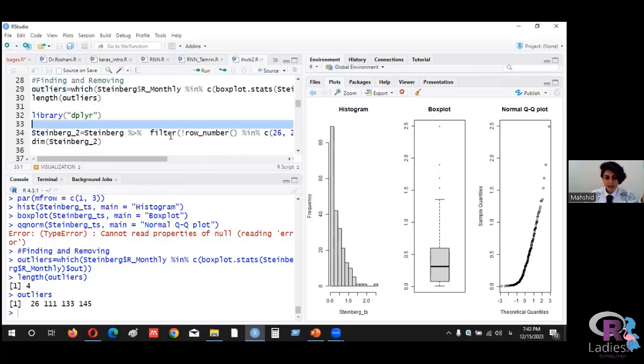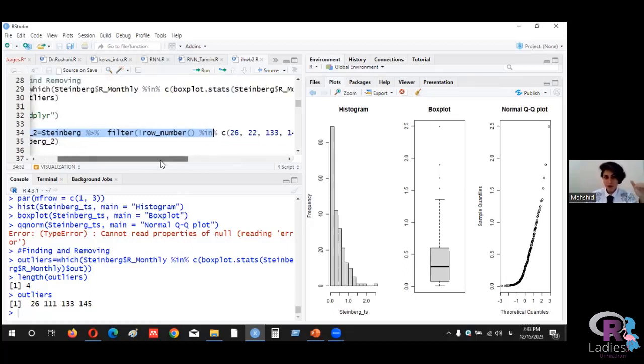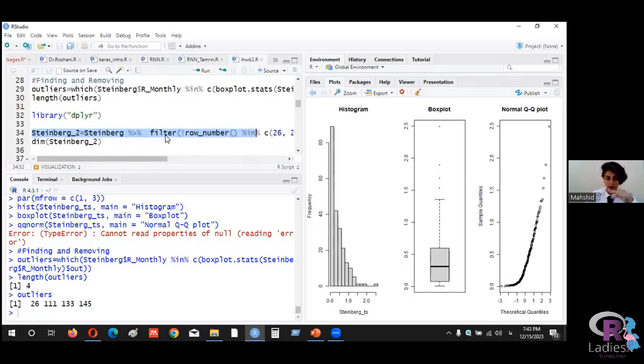In the second step, I'm going to remove them from the time series. For removing the outliers, we can use the filter function, and for using the filter function, you have to use the dplyr package.